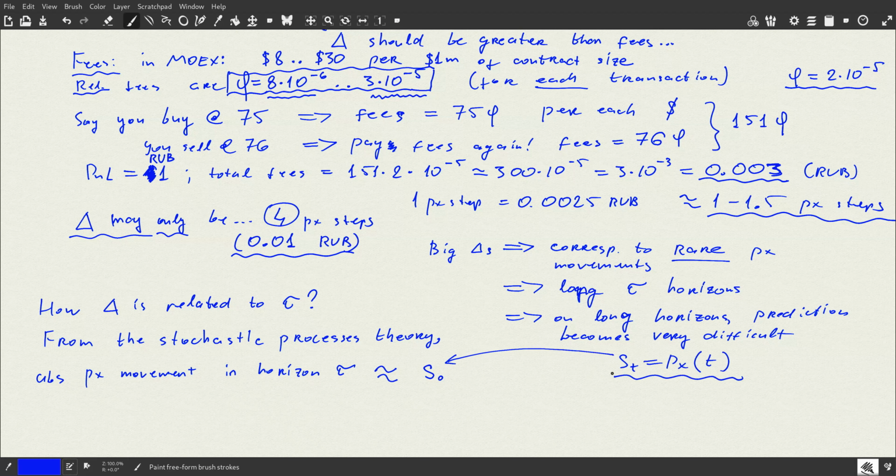The current price times some approximately constant, which is called volatility, times, that's important, the square root of the time elapsed, so square root of tau.